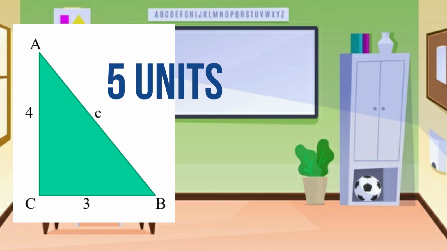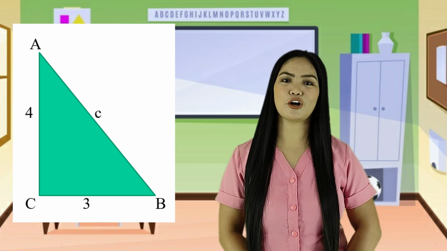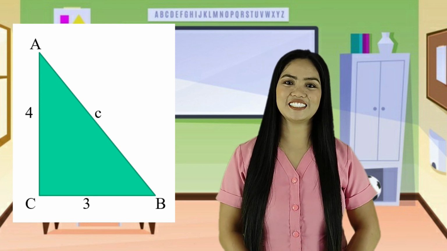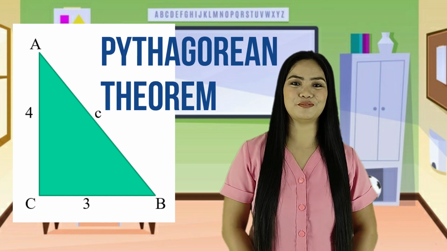That's right! Side C is equal to 5 units. How did you find the measure of side C? Yes, with the use of Pythagorean theorem.